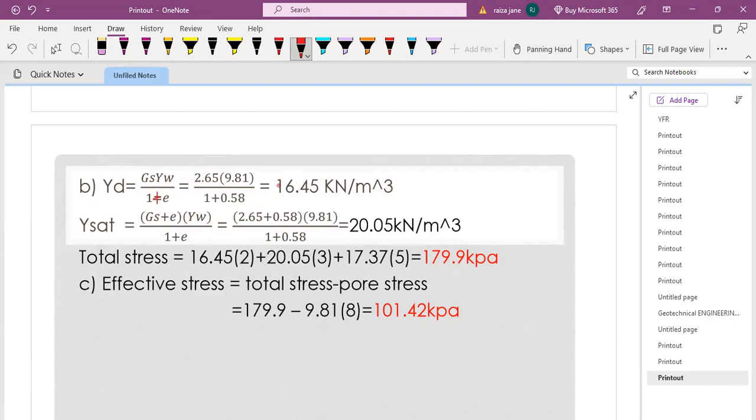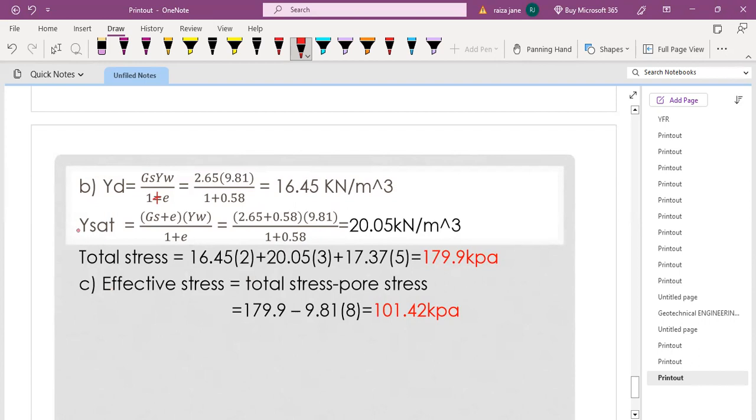Double check natin. 2.65 times 9.81, 1 plus 0.58. Tama, 16.45.